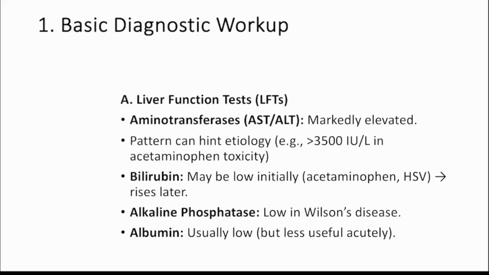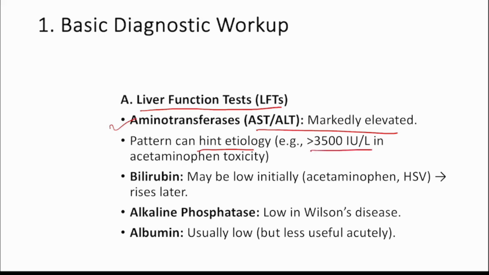Now we are going to the basic diagnostic workup. First you look for evidence of liver insult, injury to the liver. You go by the aminotransferases. AST and ALT are markedly elevated. The pattern can sometimes hint at the etiology.